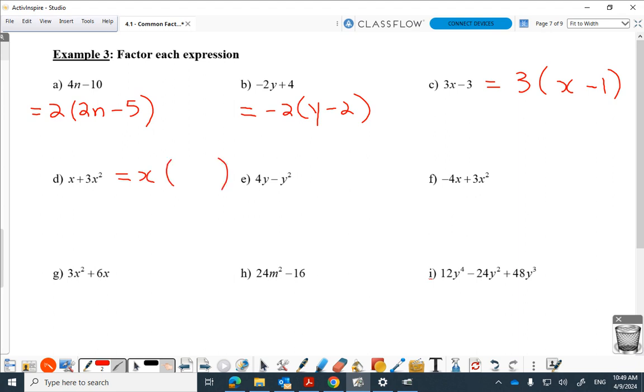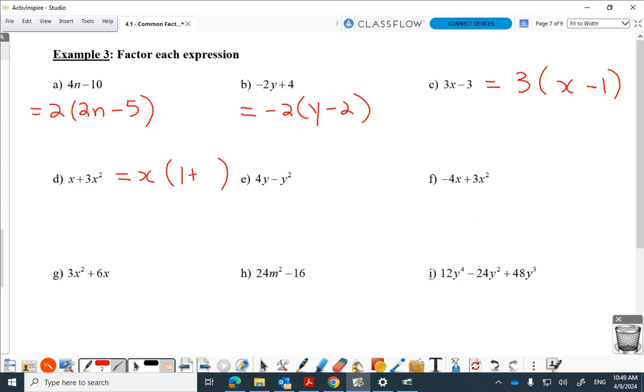If the question originally was x bracket something, what was the something that was inside? 1 plus 1x. 1, I agree with. I didn't hear what he said in the second part, so I'm just going to write the 1 for now, because x times 1 is x. So you can use distribution to check. So sometimes you're going to write down the wrong thing. And then when you check with distribution, you'll see it's the right thing. And 3x, yeah, that's the other one. How did you get it, though?